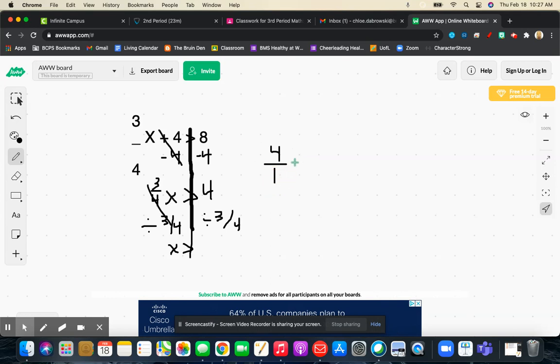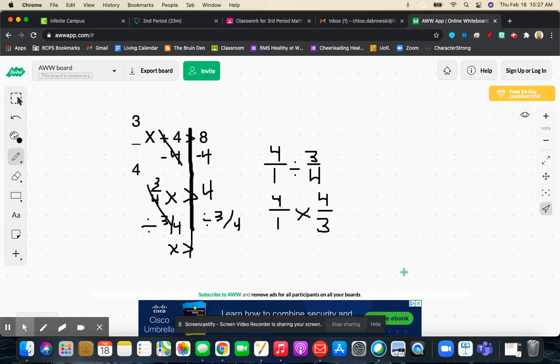We make that 4/1 divided by 3/4. We know when we divide fractions that we need to keep, switch, flip first. So we keep 4/1, switch to multiply, and change that to 4/3. Now we can multiply straight across, and that'll give us our answer.